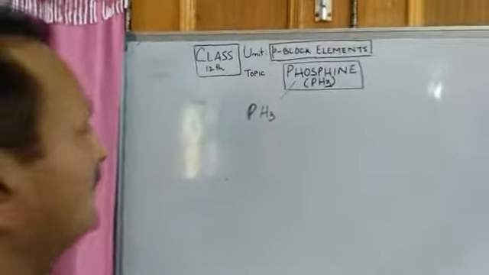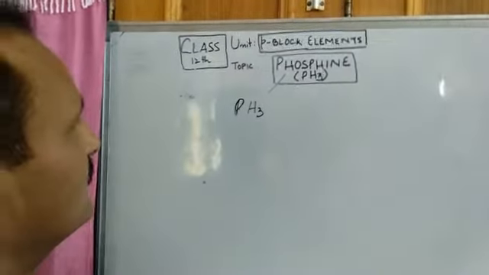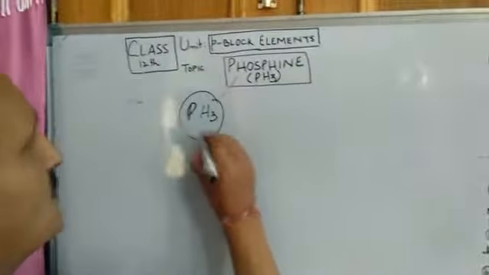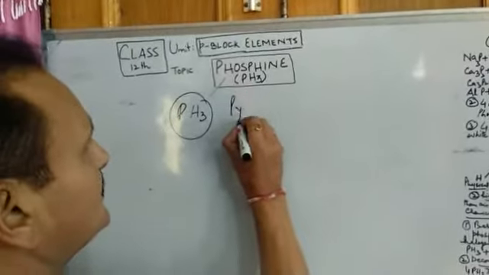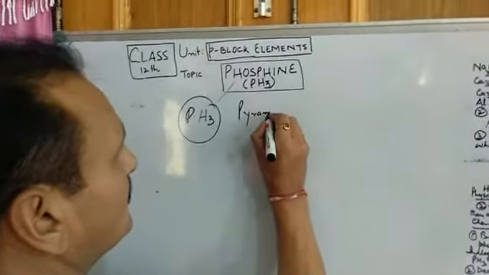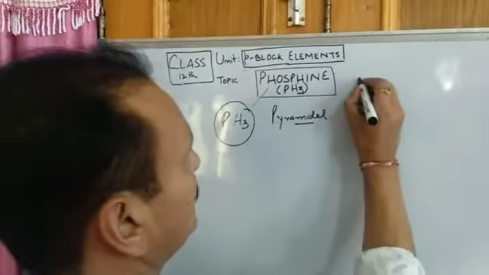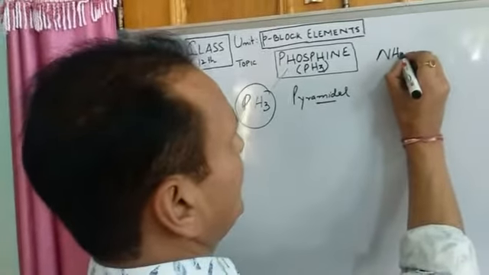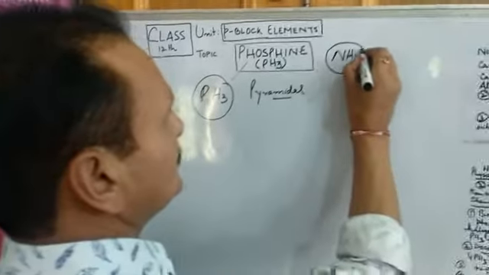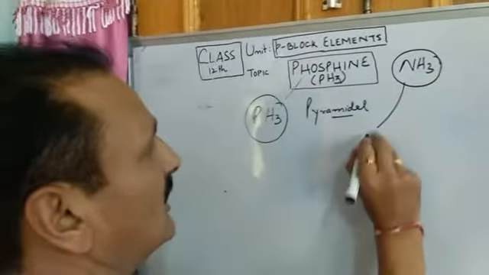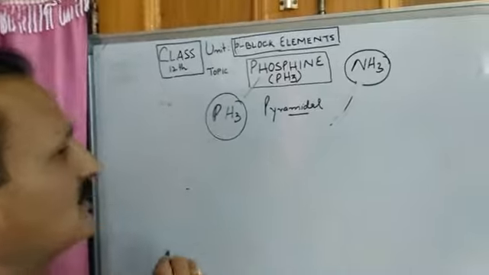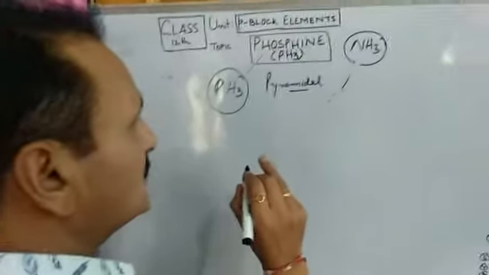And if we come to the structure of phosphine, its structure is pyramidal, like that of ammonia. If you remember, this is ammonia, NH3. Its structure is very much like ammonia.